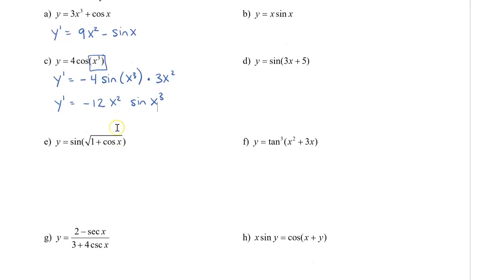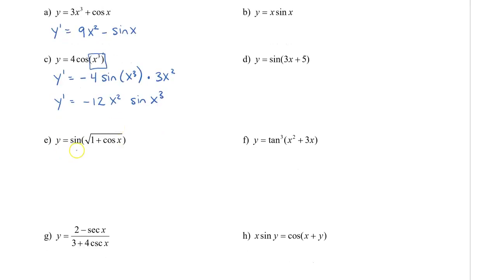All right, now the next one here, y is equal to sine of the square root of 1 plus cos x. So we have y prime. We take the derivative of the outside, which is sine, and that's going to be cos. We're going to leave the inside, so that would be 1 plus cos x. And then the next shell would be the root of 1 plus cos x.